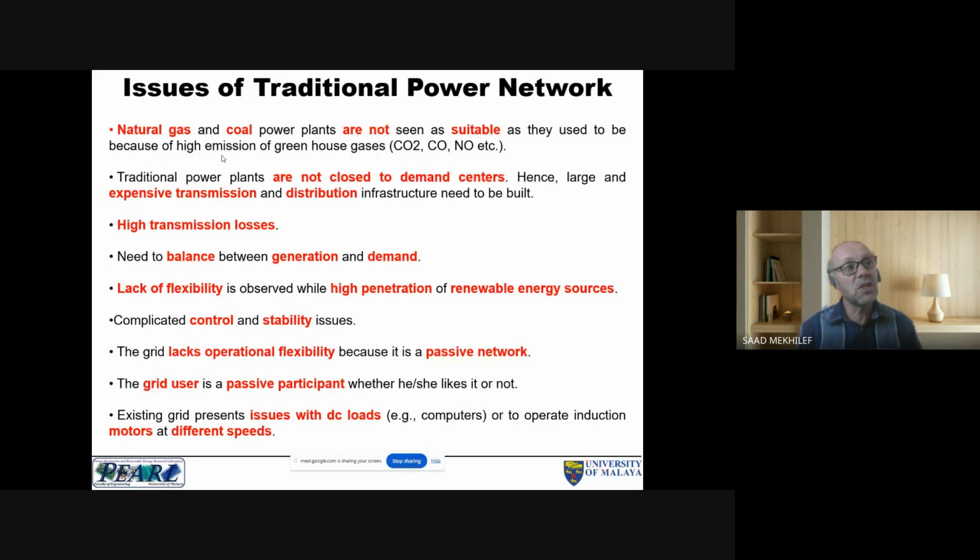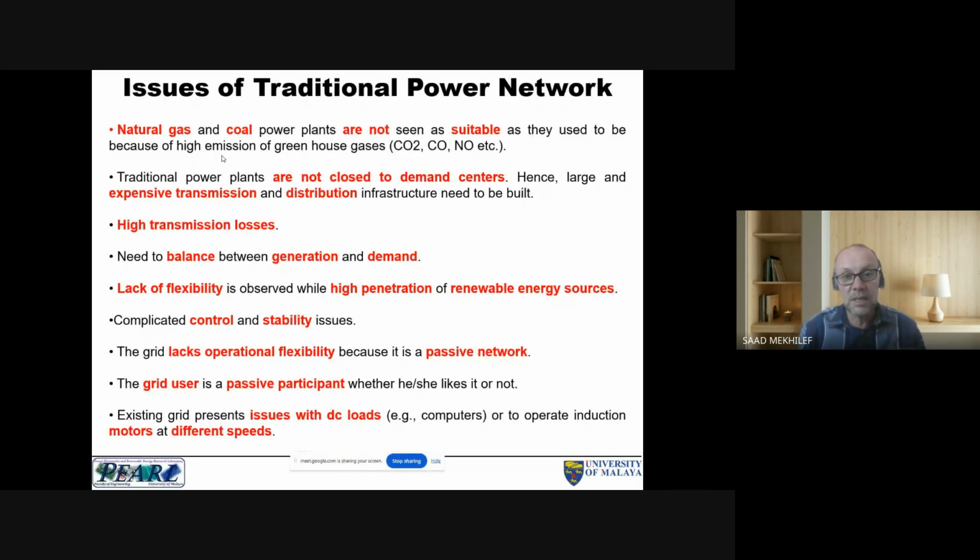And these traditional power plants usually are not close to the demand centers. Most of these power plants are built far away from the load side. For example, when you have a coal power plant, you cannot put it inside the city. It has to be far away because there are a lot of emissions and a lot of dust.